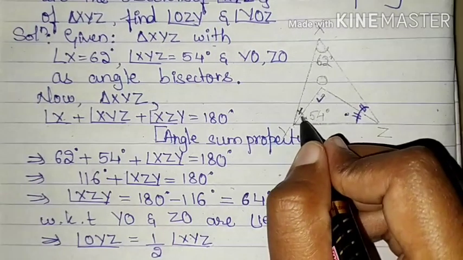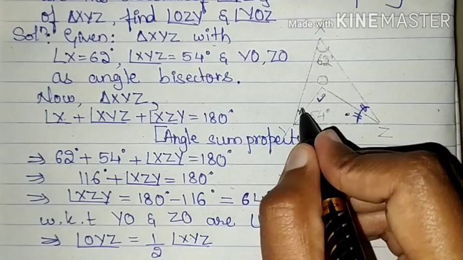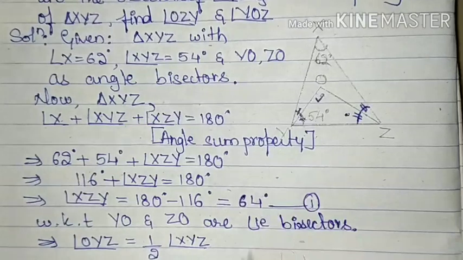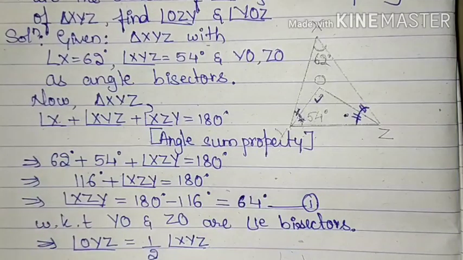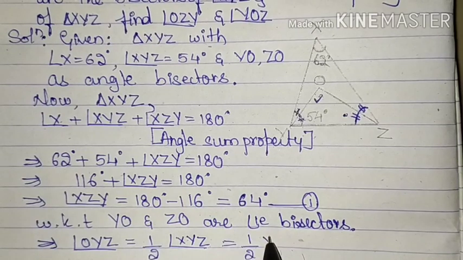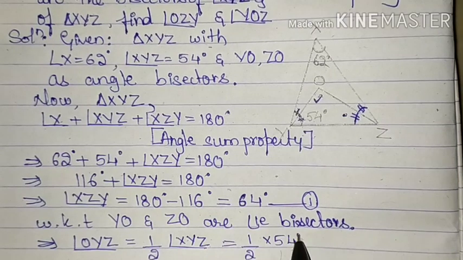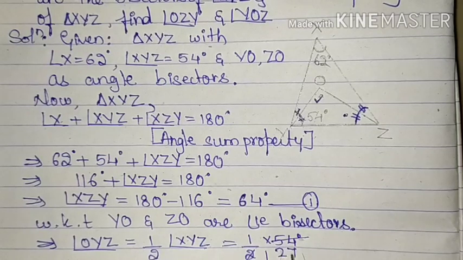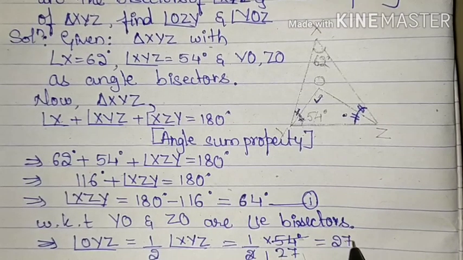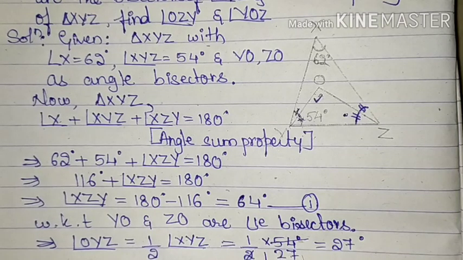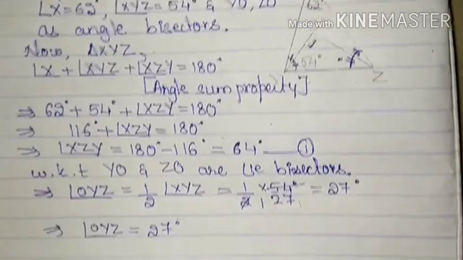This small angle OYZ will be half of the bigger angle XYZ, because YO divides that angle into two equal parts. So this is equal to half into 54 degrees, which is equal to 27 degrees. This implies angle OYZ is equal to 27 degrees.